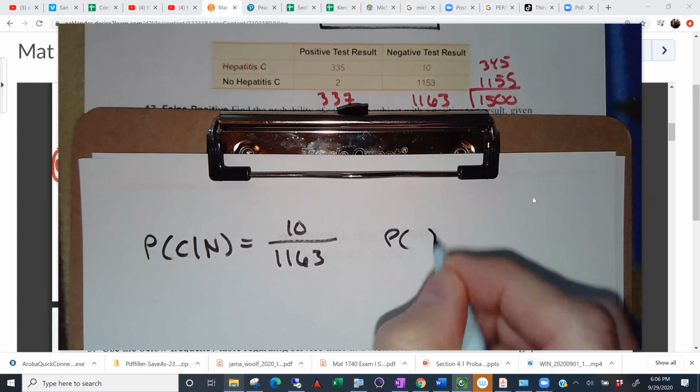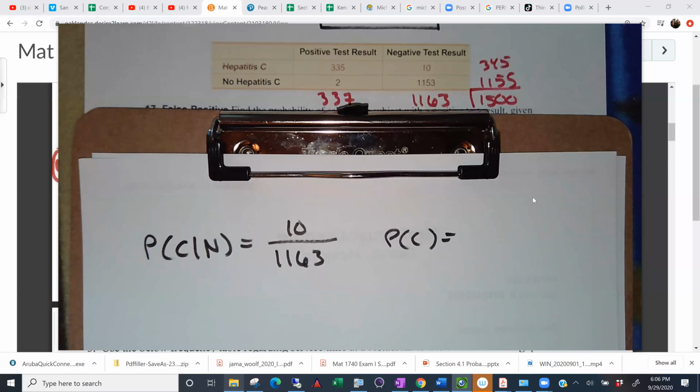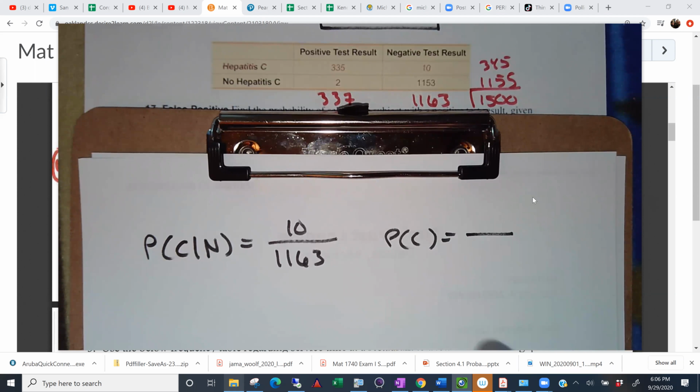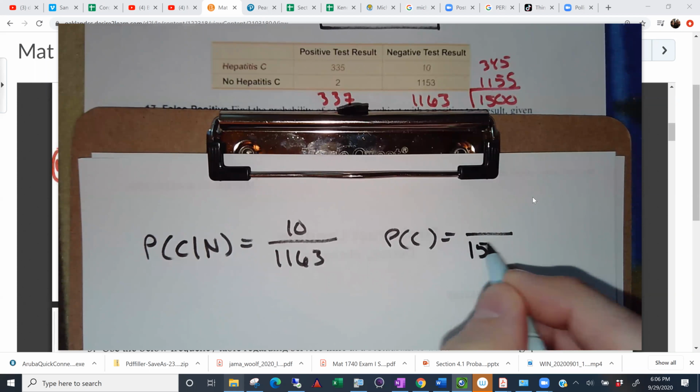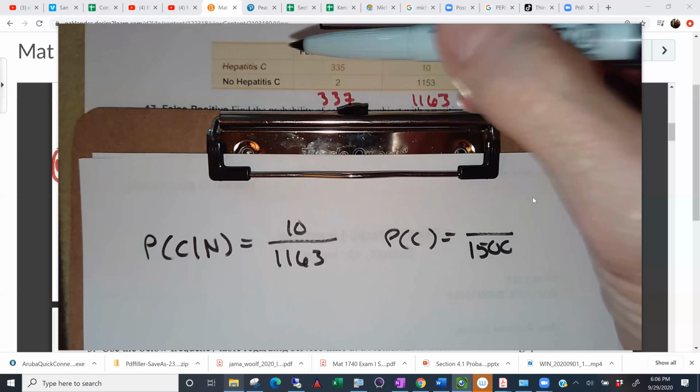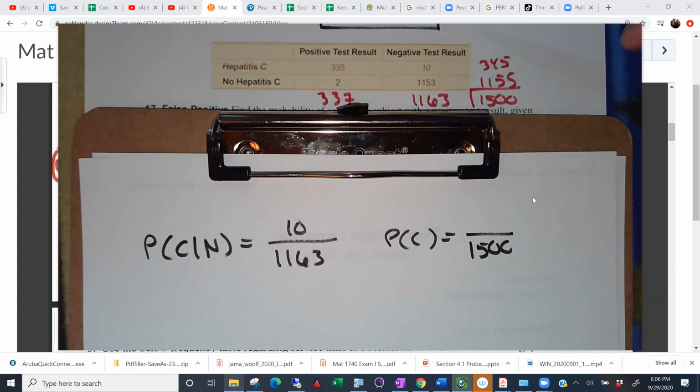Let's compare that to this, the probability of C. Now, did I give you any extra information here? No. So what's going to be my denominator for this one? 1500. Nice, 1500. Because you're dealing with the whole table. I didn't tell you we're just dealing with people who have hepatitis C, or just people who have negative results. It's the whole table.